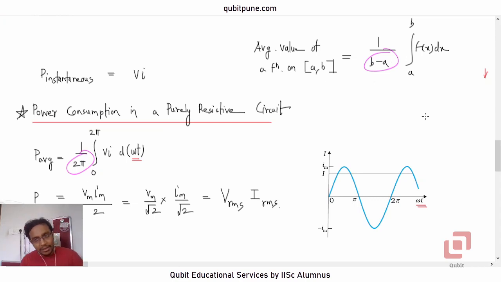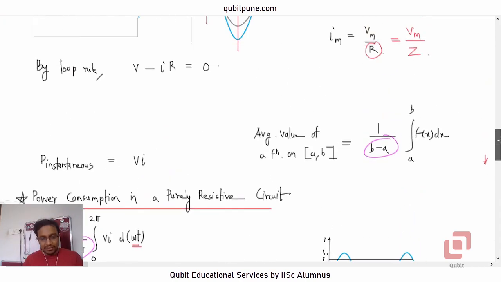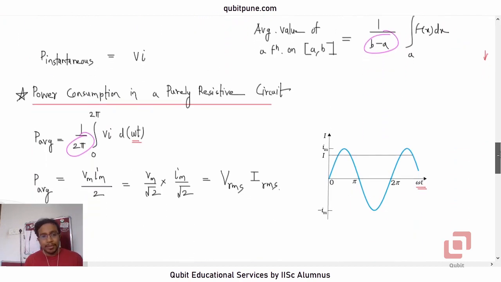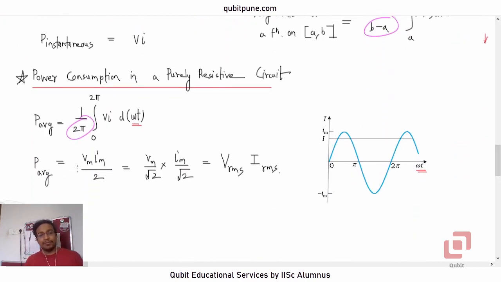and current. And if you work these things out, with V being Vm sin omega t and I being Im sin omega t, at the end you get the average power to be the product of the amplitudes of the voltage and the current divided by 2. Alternately, this 2 can be split into a root 2 here and a root 2 here, and Vm by root 2 and Im by root 2 are called the RMS voltage and RMS current respectively.